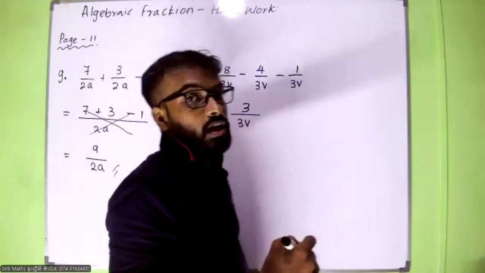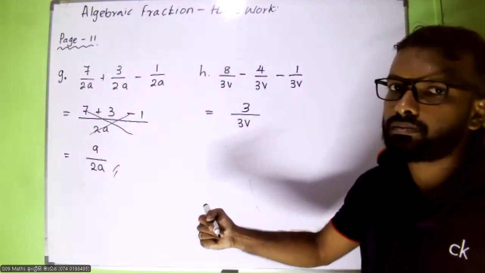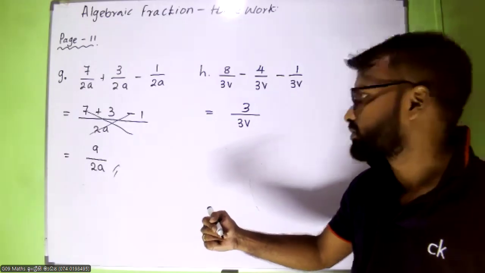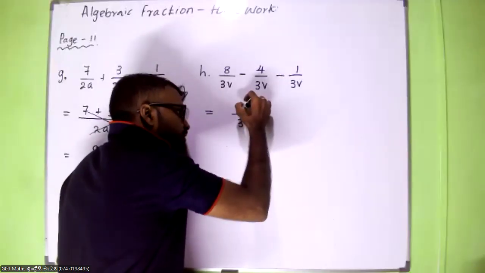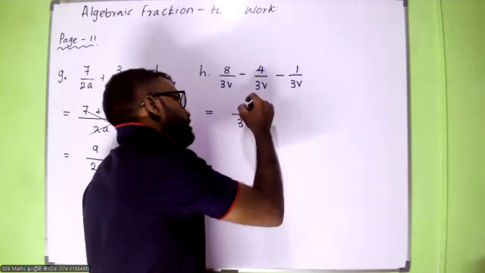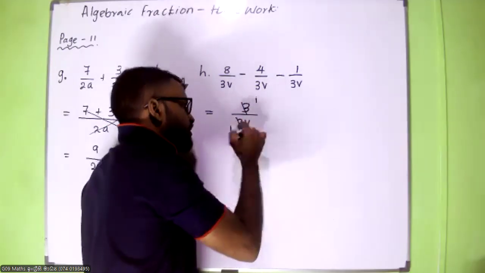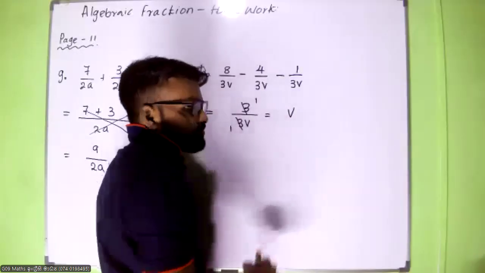Is this the final answer? No. Then 3 is common: 3 times 1, 3 times 1. So the answer is 1 upon v.